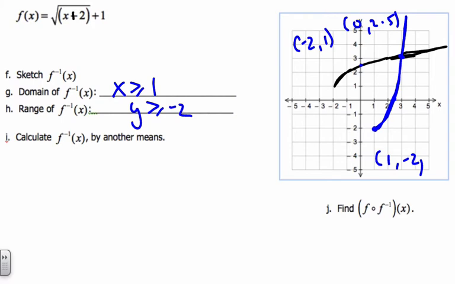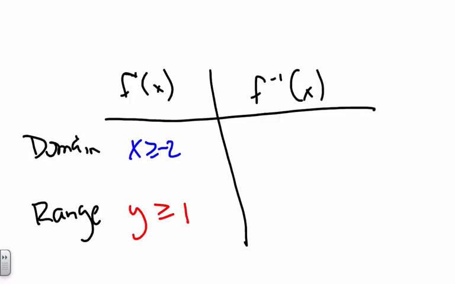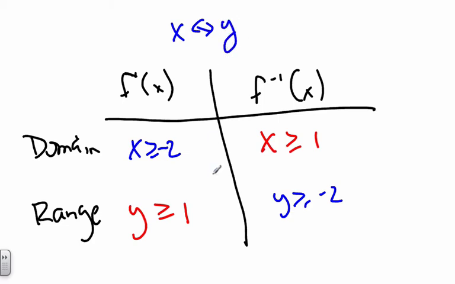What I want to recognize is we just figured out that the domain of the inverse was x bigger than or equal to 1, and the range was y bigger than or equal to negative 2. And if you notice, I switch my x's and y's for the inverse, my domains and my ranges switch as well. So if you know the range of one, you know the domain of the other.